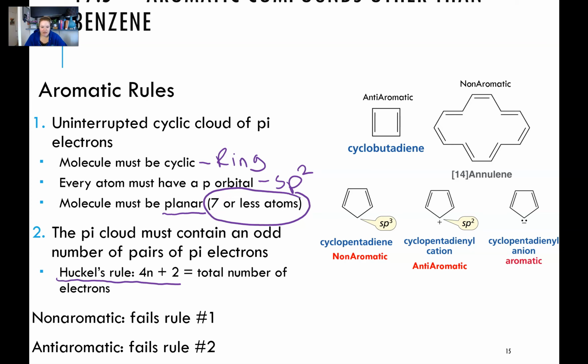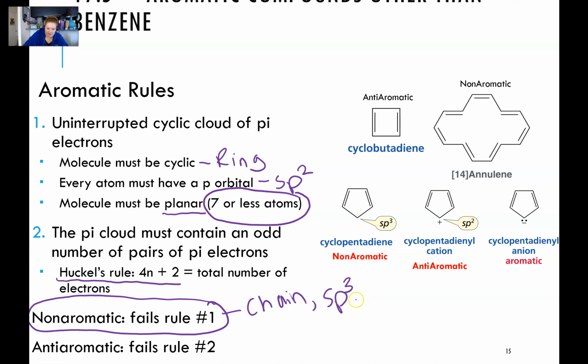We're going to evaluate these rules in order. If a molecule fails rule number 1, we're going to label it as non-aromatic. So this would be something that is a chain, something that contains an sp3 atom, or greater than or equal to 8 atoms.